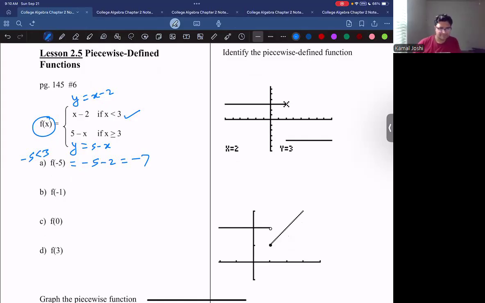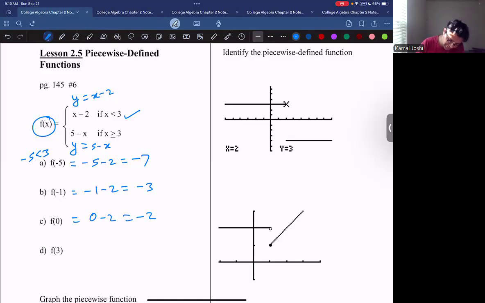And what is f of minus 1? Minus 1 is again less than 3. So minus 1 minus 2, which will be minus 3. F of 0, again less than 3. So 0 minus 2, minus 2.